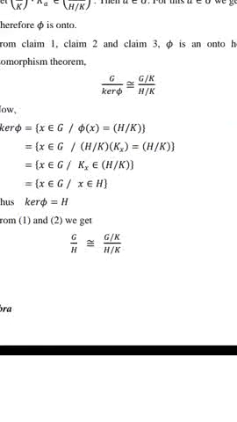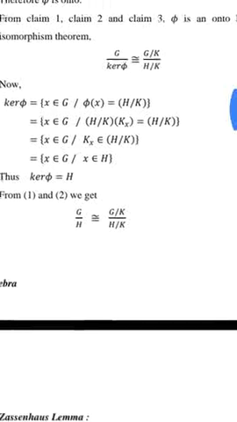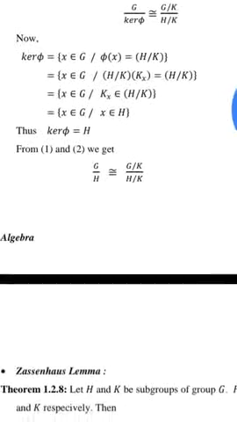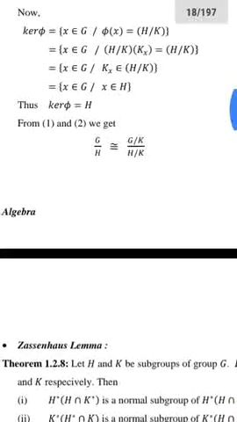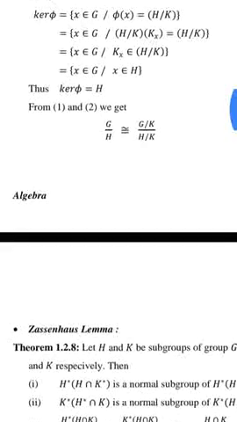Now we have to prove that kernel phi is the subgroup H itself. Kernel phi is equal to {x belongs to G such that phi(x) = H/K}, which is {x belongs to G such that (H/K)Kx = H/K}, which is {x belongs to G such that Kx belongs to H/K}, which is {x belongs to G such that x belongs to H}.